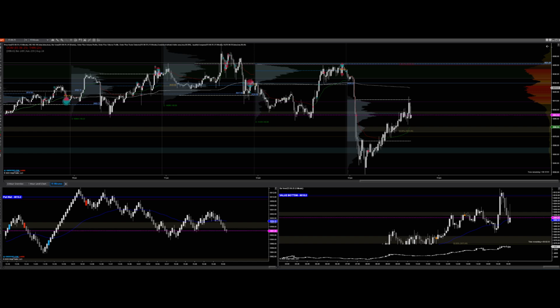Order book is still very thin, around 10 to 20 orders per price level, which is still very, very volatile.